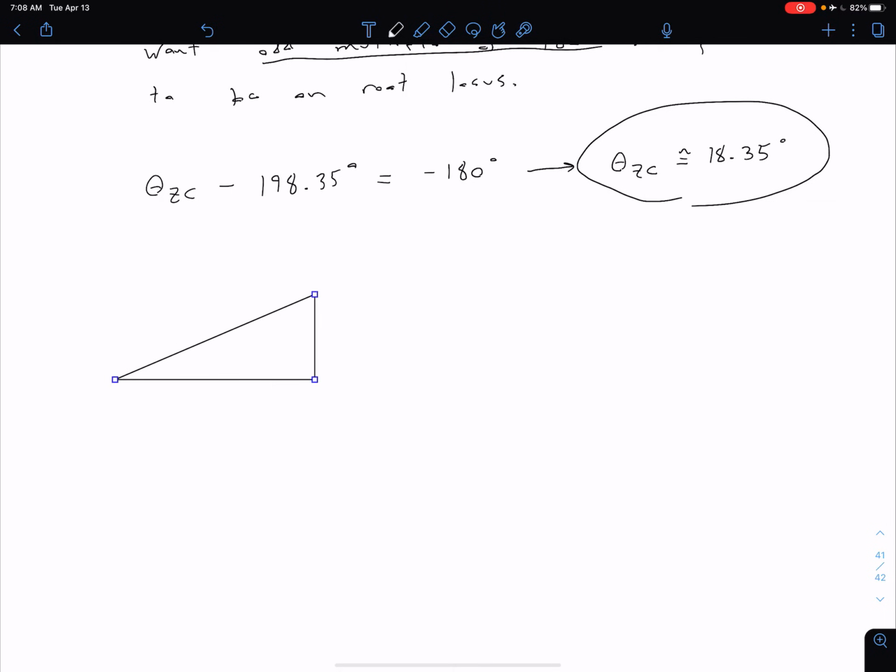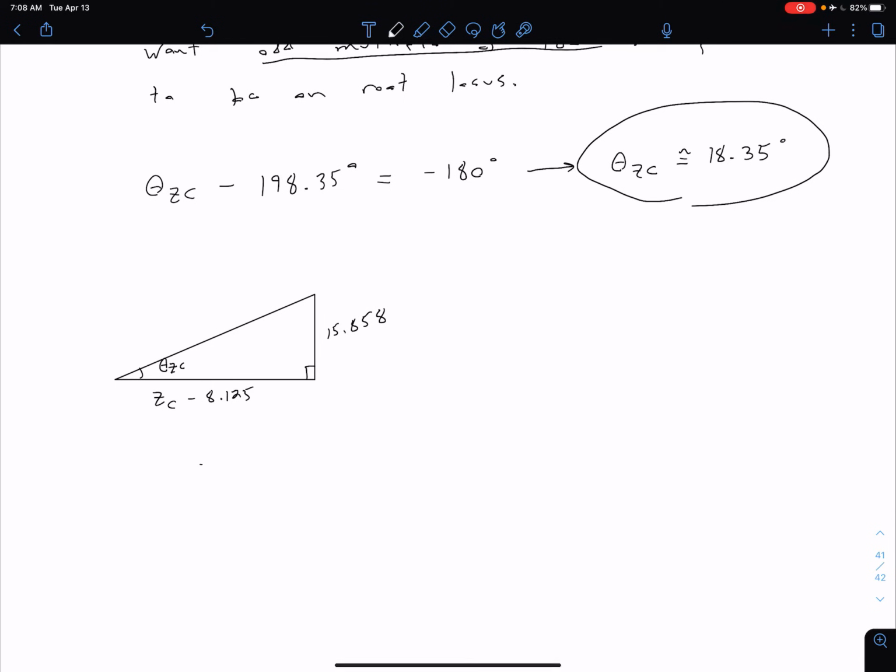All right, so let's draw a triangle like this, and again, this is going to be a right triangle. We have 15.858 here, and this is our angle theta sub ZC, and now the base of the triangle is going to be our zero location minus 8.125.